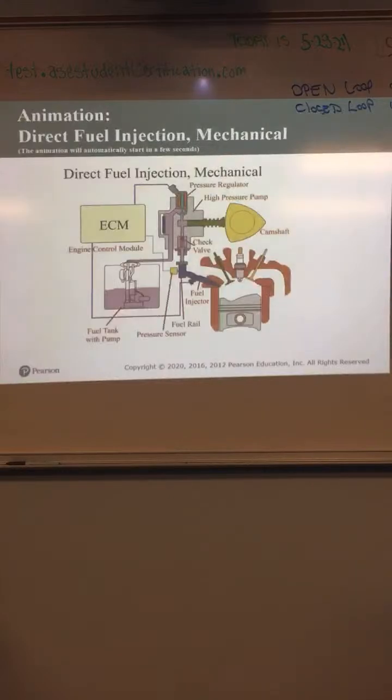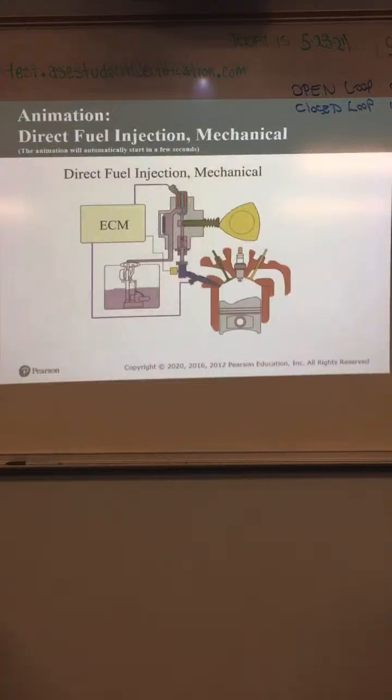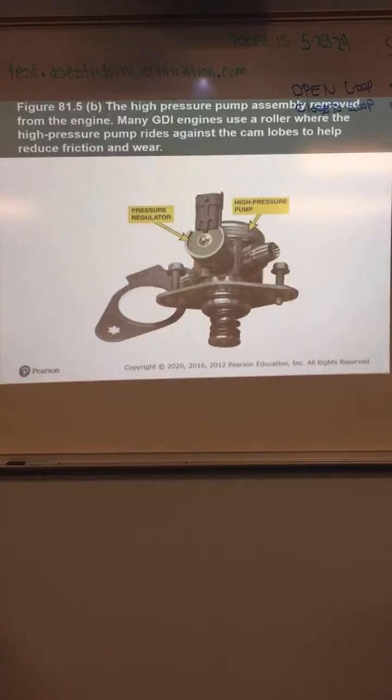But they decided to leave that out for some reason. There's no way that would work without it. All right, that is a high pressure fuel pump, very common. Built-in regulators, got electrical connector on it.